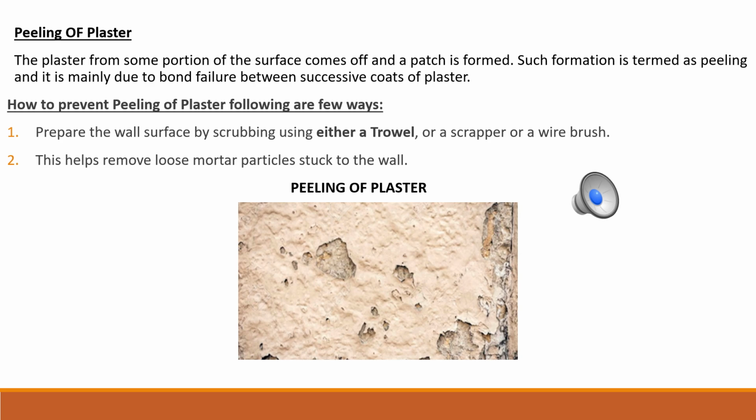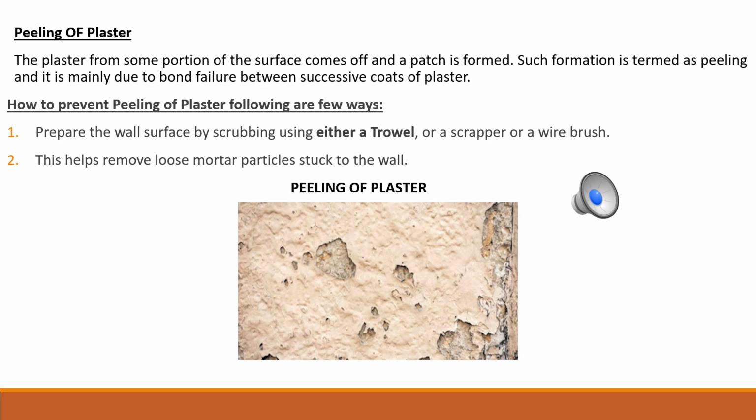We have to guide the masons on how to do the plaster. The masons must know, but if sometimes the mason is not taking care, we have to monitor and guide him.